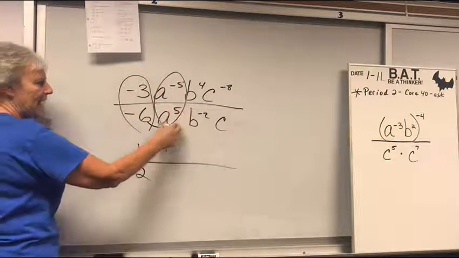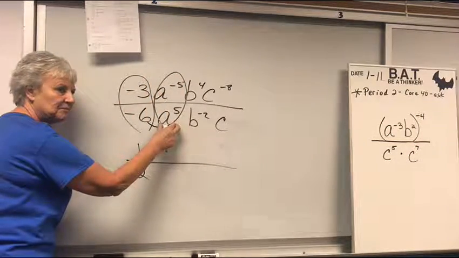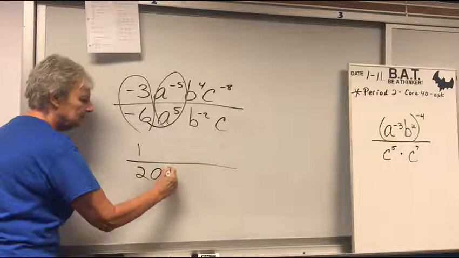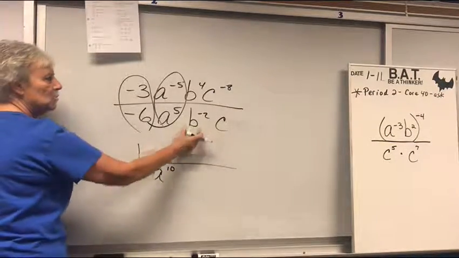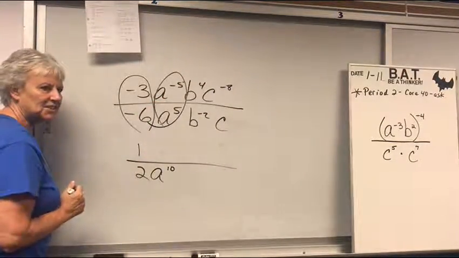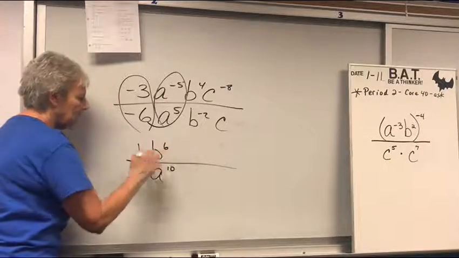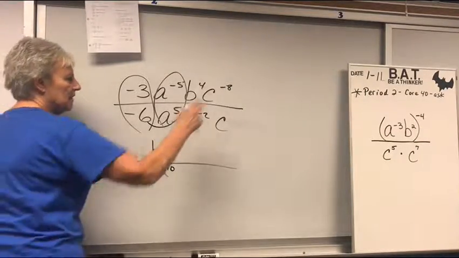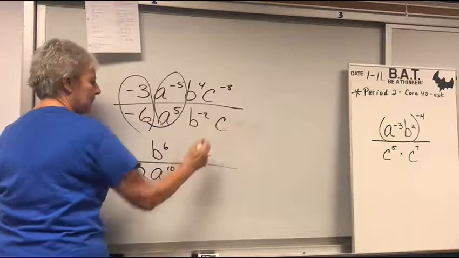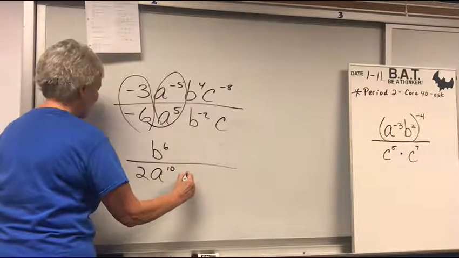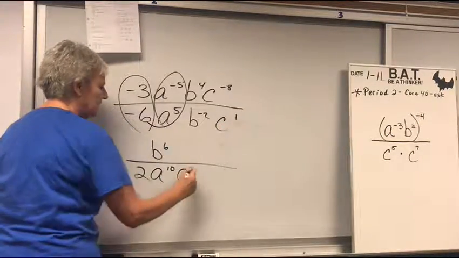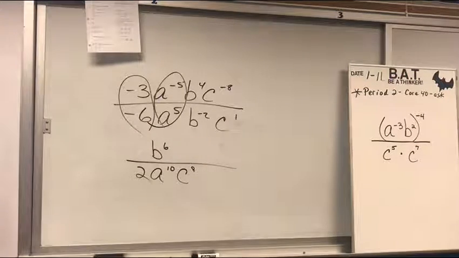This is going to come down, leaving how many a's? 10 on the bottom. This is going to move up, putting how many b's? 6. 6 on top. We can get rid of the 1. This is going to come down, how many c's? 8 and 1 more is 9. Got it? That's how you do it.